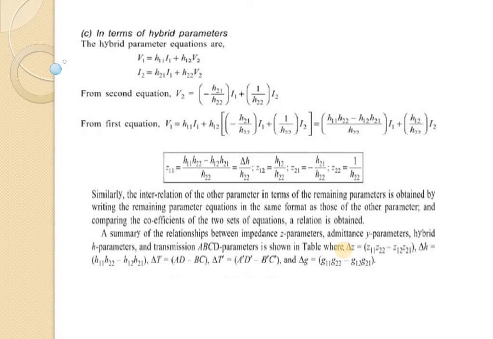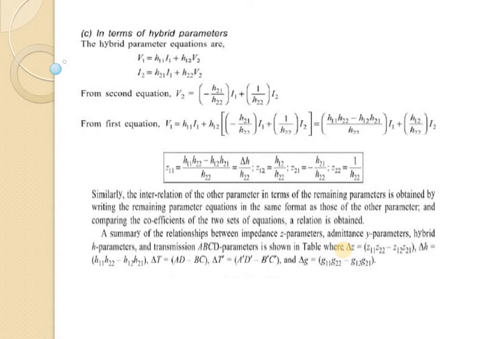Now in terms of hybrid parameters, first we write the equation for hybrid parameters, and that is V1 equals H11 I1 plus H12 V2, and I2 equals H21 I1 plus H22 V2. From the second equation, V2 equals minus H21 by H22 into I1 plus 1 by H22 into I2.